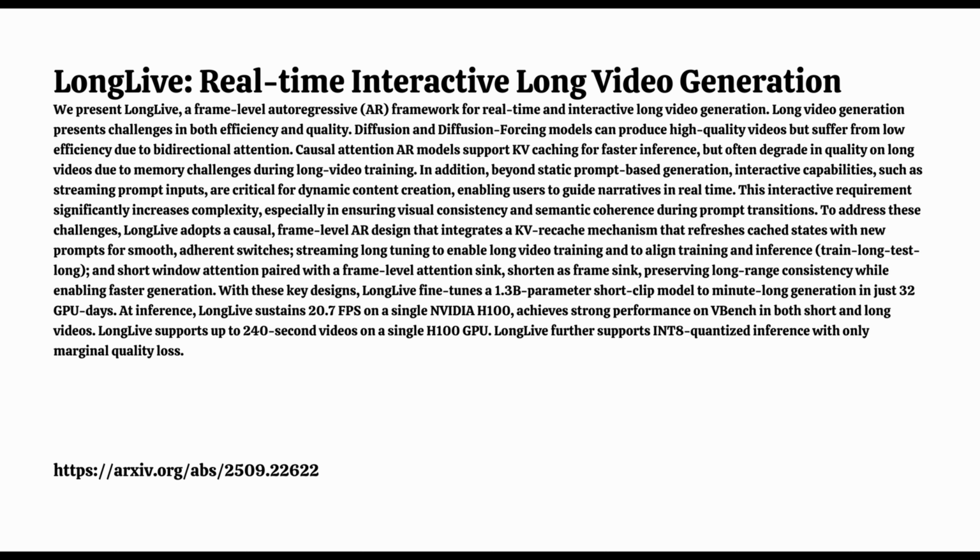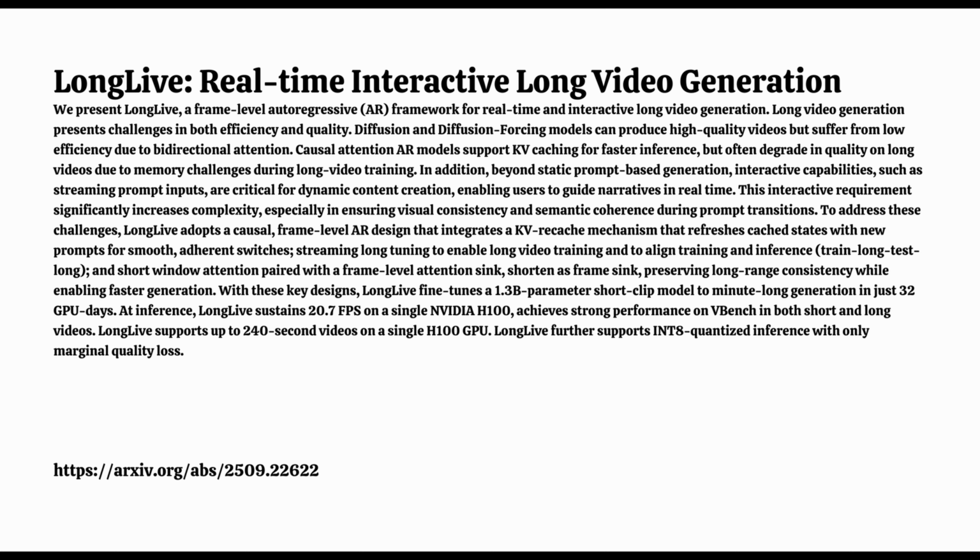I see. So it keeps the visual history, but updates the semantic meaning based on the new instruction. Exactly. It effectively flushes out the old prompt's semantic residue while holding on to the necessary visual context. And the result shown in the paper, based on their figure 3, is a smooth transition that fully respects the new prompt. That seems like a key breakthrough for usability. Definitely. It tackles that core interactive challenge directly.